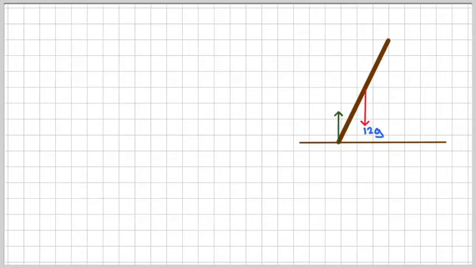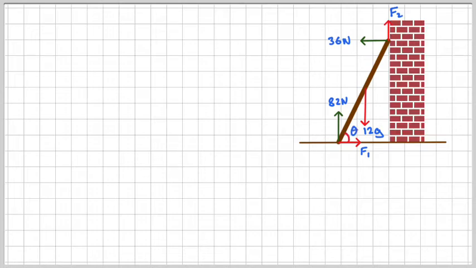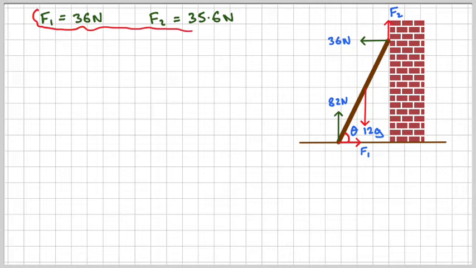Okay, so carrying on. Just redrawing the diagram very quickly, and then we'll write down what we've already found. We've got F1 is 36 and F2 is 35.6 newtons.